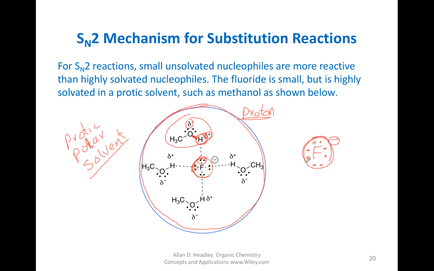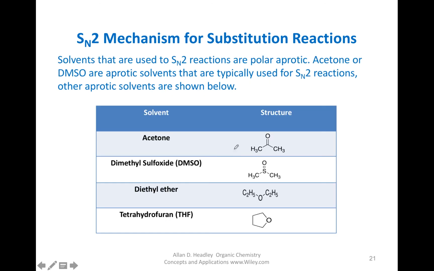If we put this very small fluoride anion in a protic polar solvent, its effective size is no longer small but very large, and hence it's not a good nucleophile in these solvents. So we'll have to exercise extreme care in the solvents that we use for the SN2 reaction.